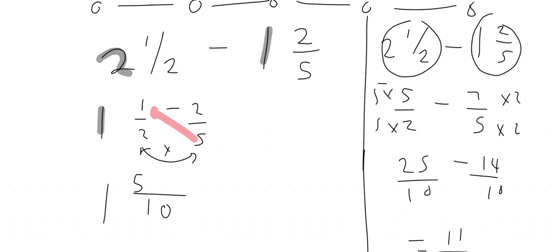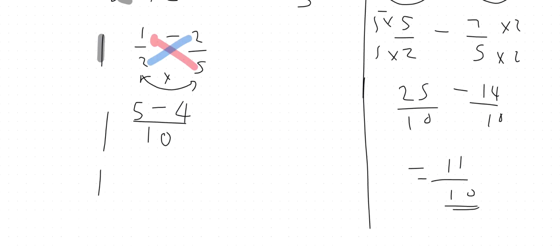Math is so fun. I love math. Then now I'm saying 2 times 2. That becomes 4. And now I write my whole part, which is 1. 5 minus 4 is 1. Then over 10. So you see, this one just gave me the answer as a mixed fraction.